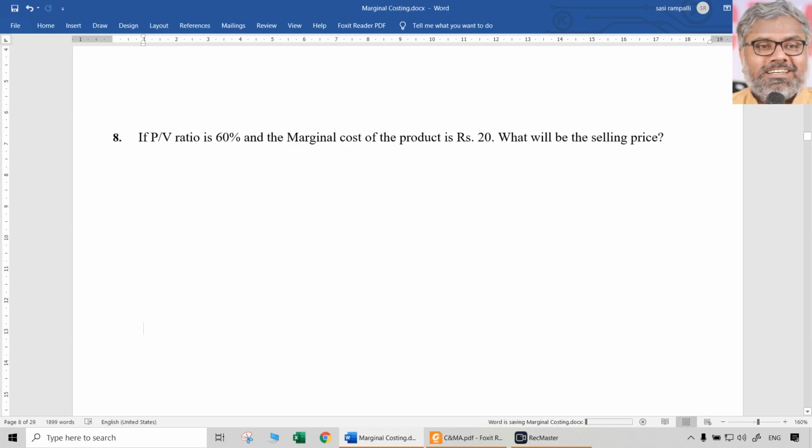If PV ratio is 60%, marginal cost of the product is 20 rupees, what will be the selling price? So selling price minus variable cost divided by selling price is equal to 60%, isn't it? PV ratio is nothing but contribution by sales.